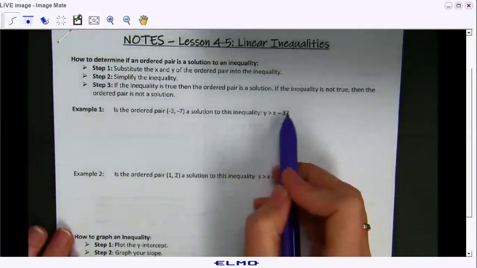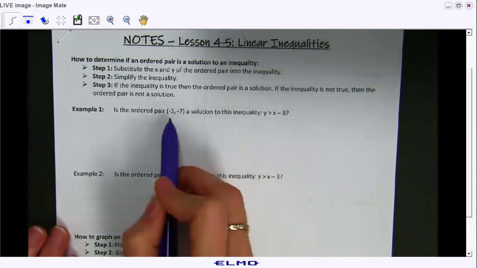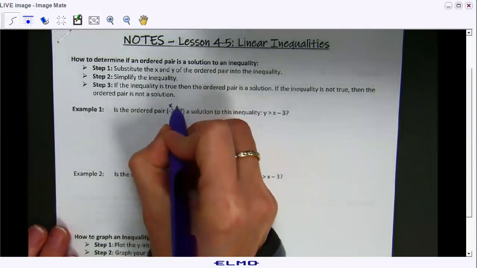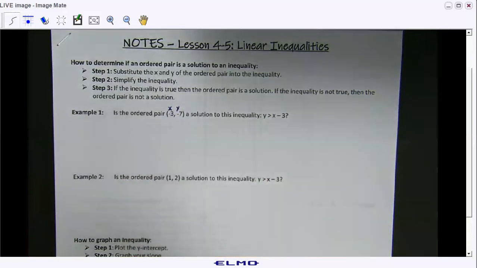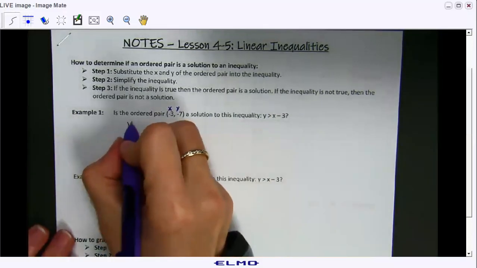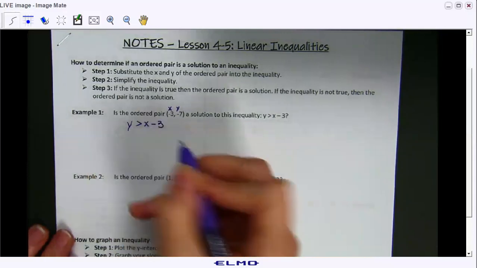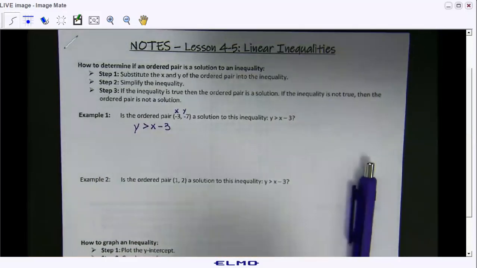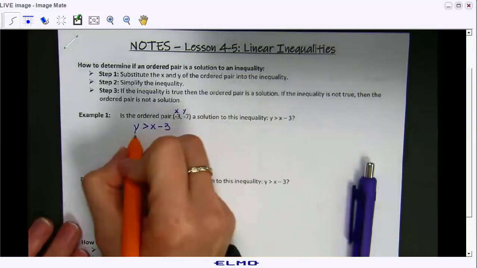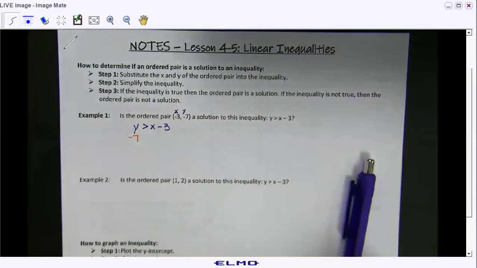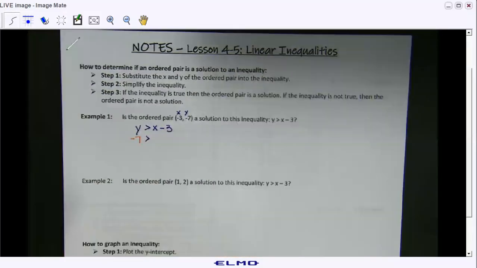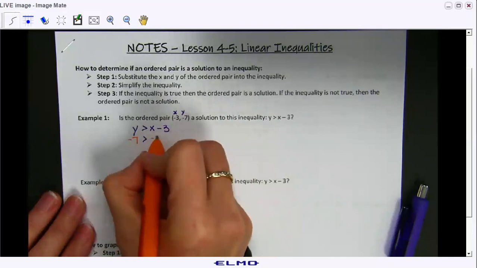We're going to write out this inequality. We're going to substitute the x and the y into the inequality to see if the left side and the right side make the inequality true. Okay, so y is greater than x minus 3 is our inequality. And we have -7 where the y is, and we have -3 where the x is.